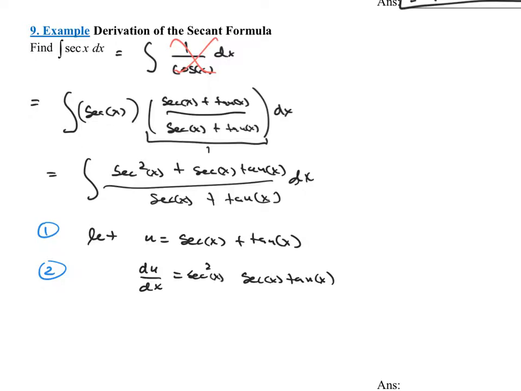I'm just going to write this in the same format that I know it's going to simplify in. All I did was swap the order of those two, which is perfectly fine. It's addition. Step 3 is solve for dx. So dx equals, cross multiplying, du over secant squared of x plus secant x tangent x.